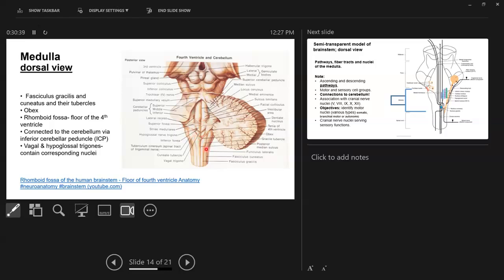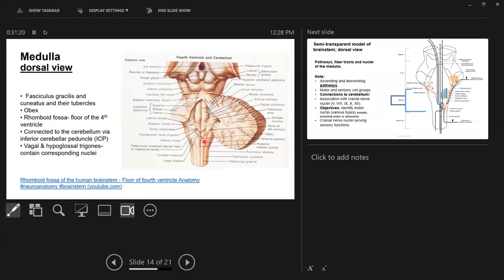And we look around, we see that the dorsal columns, the fasciculus gracilis and the fasciculus cuneatus, the dorsal columns carrying conscious proprioception, fine touch, vibratory sense from spinal cord that we observed, they continue ascending and they form these tubercles, these bumps, where they terminate, and these tubercles contain the nuclei for the dorsal columns.